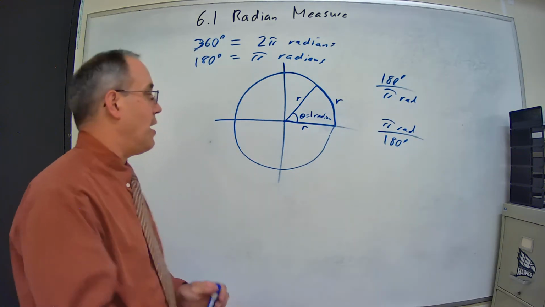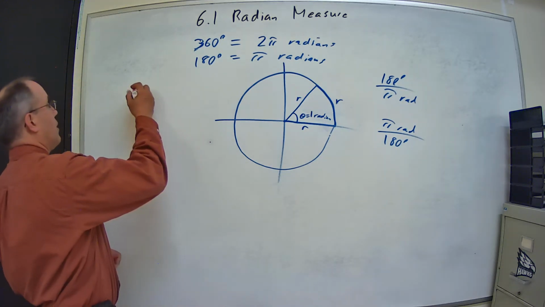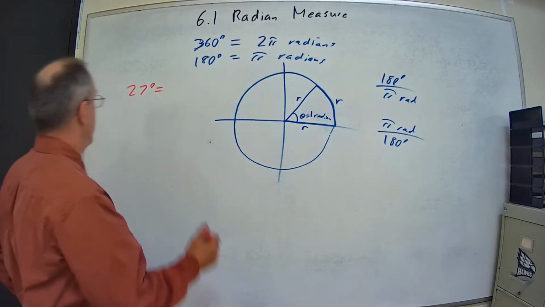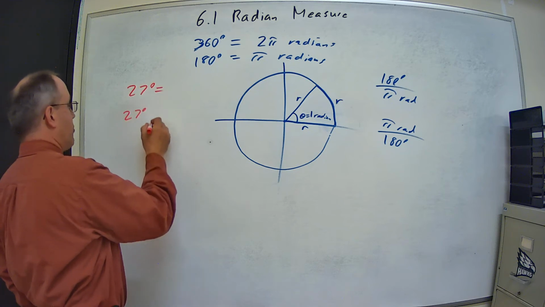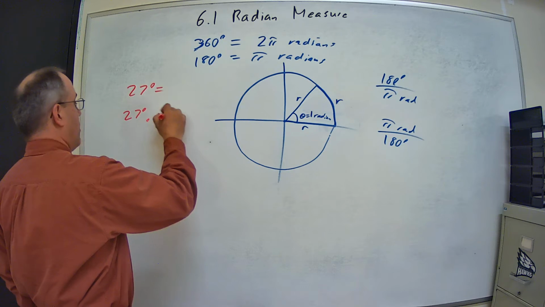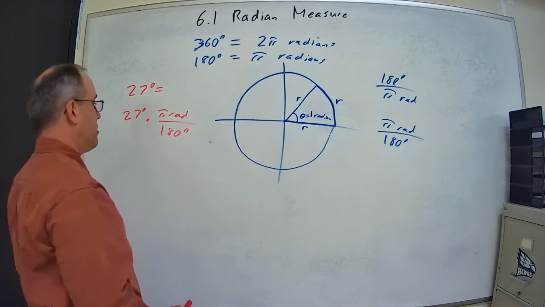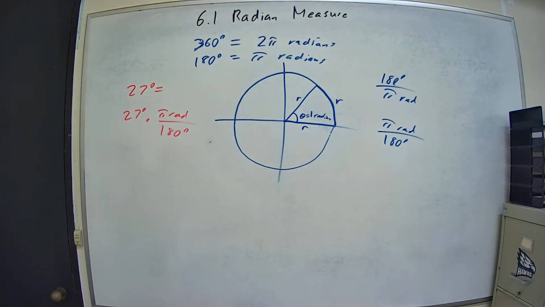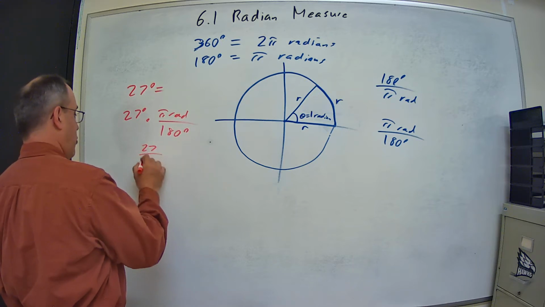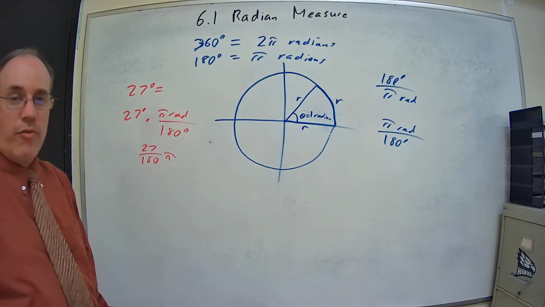So let's give this a shot. 27 degrees is how many radians? So we take 27 degrees times, we want to turn this into radians, so we're going to take pi radians over 180 degrees. I mean, we can obviously say that this is going to be 27 over 180 pi, or 27 pi over 180.